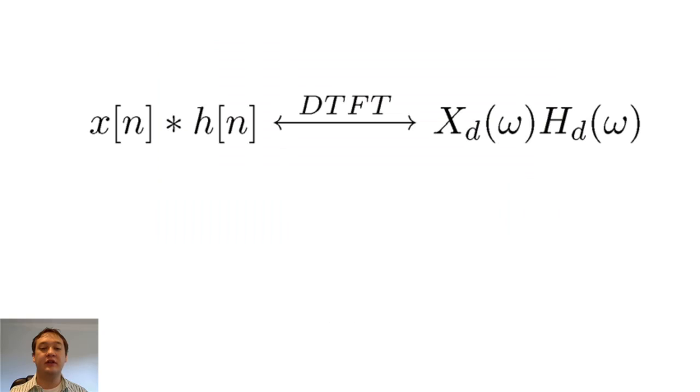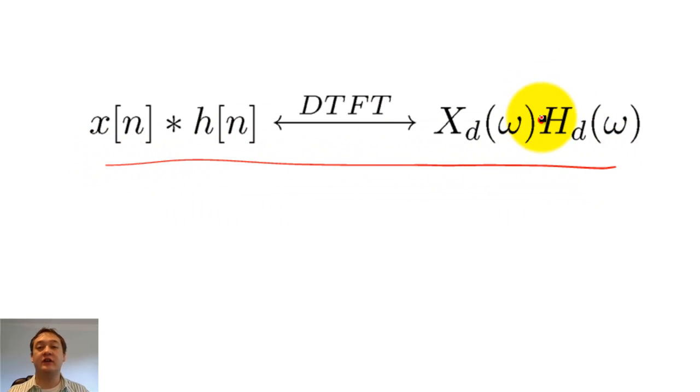The final two properties are useful because they allow us to simplify our calculations. The convolution property tells us that we can choose to multiply the DTFTs of x and h rather than convolving the discrete time signals of x and h. We use h here because h corresponds to the filter that we use to create y.